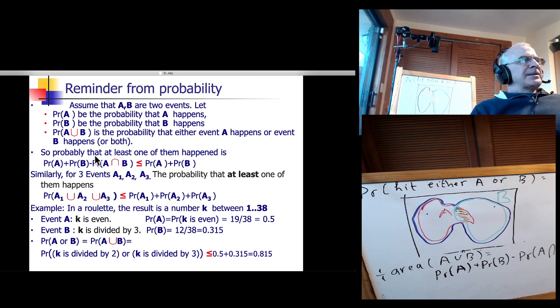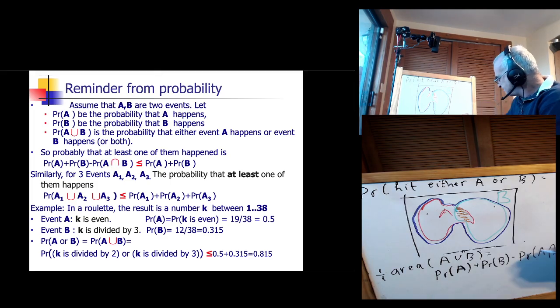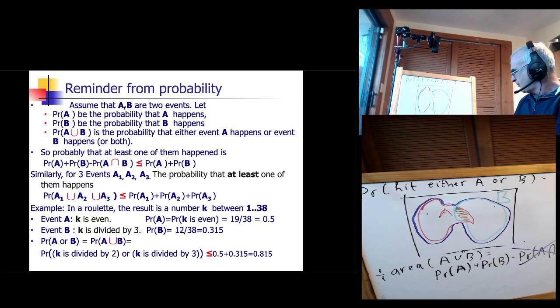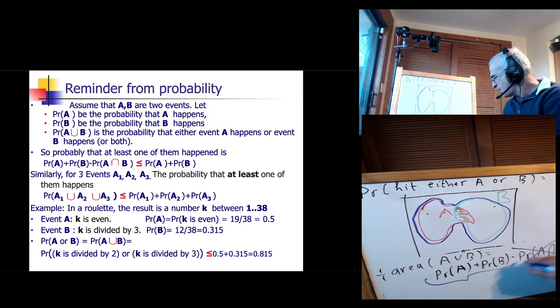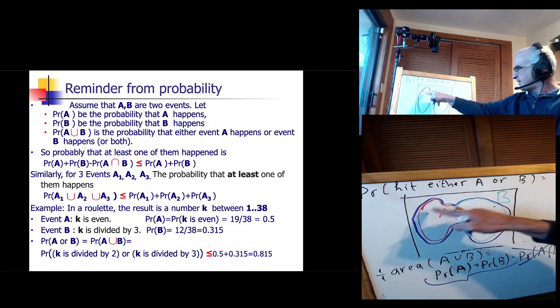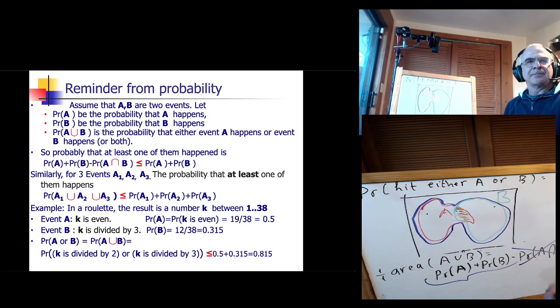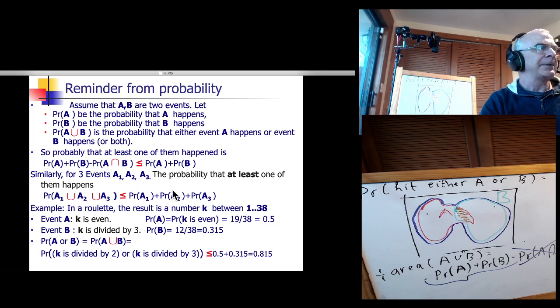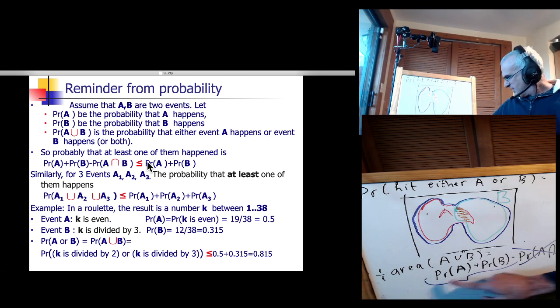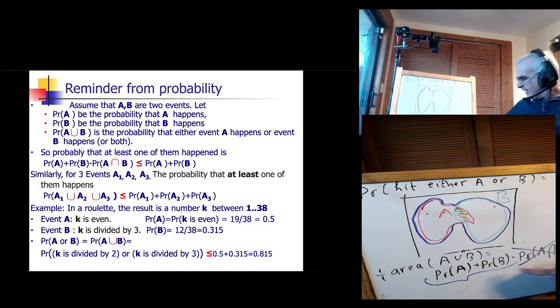This number is of course positive. So if I say I'll ignore the probability of A intersection B in my calculation, I'm not going to correct for this term. I'll pretend that the probability that I hit the union is probability of A plus probability of B. Well, it's obviously not an exact answer, but since I ignore a positive number that appears with a minus, which is larger: probability of A plus probability of B, or the correct number, probability of A or B, which needs to be corrected?